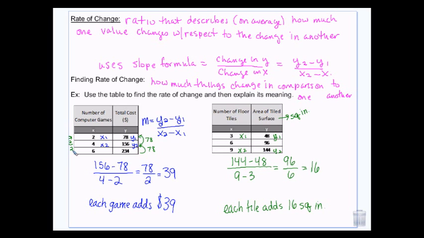Okay, this is probably one of my biggest challenges, the reason why I'm not doing this. Why wouldn't I just divide 48 by 3 to get 16? Or 96 by 6? But sometimes we get a slope using these points.